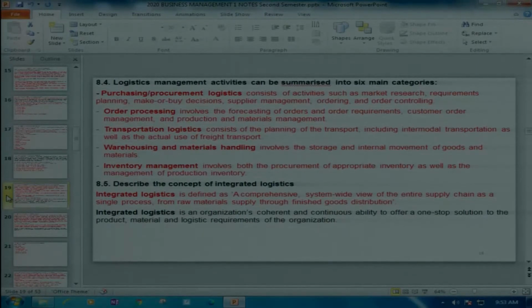And in outcome number 5, you must be able to describe the concept of integrated logistics, which is defined as a comprehensive system-wide view of the entire supply chain as a single process, from raw material supply through finished goods distribution.